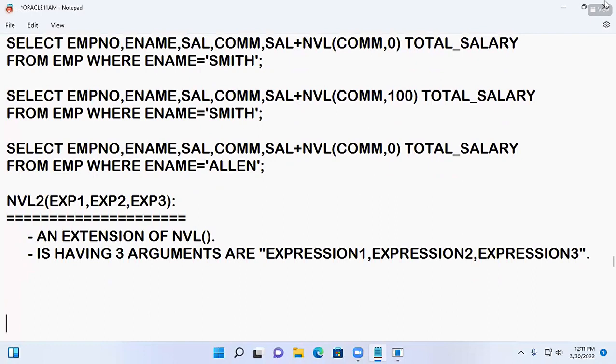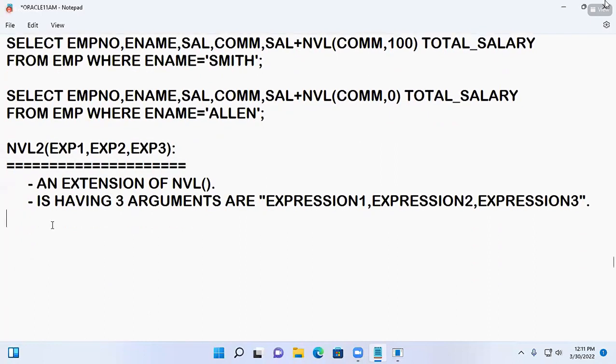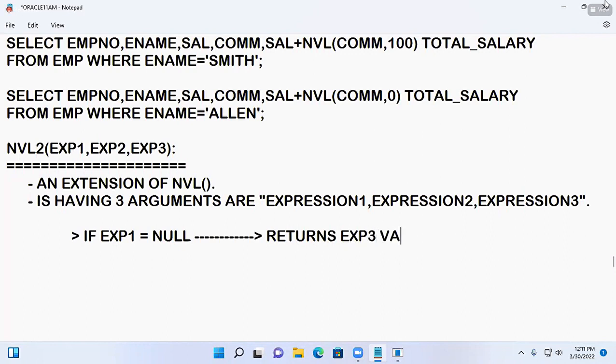But how are these 3 expressions working here? Let me see. If expression 1 is equal to null, then it returns the expression 3 value, and this is a user defined value.